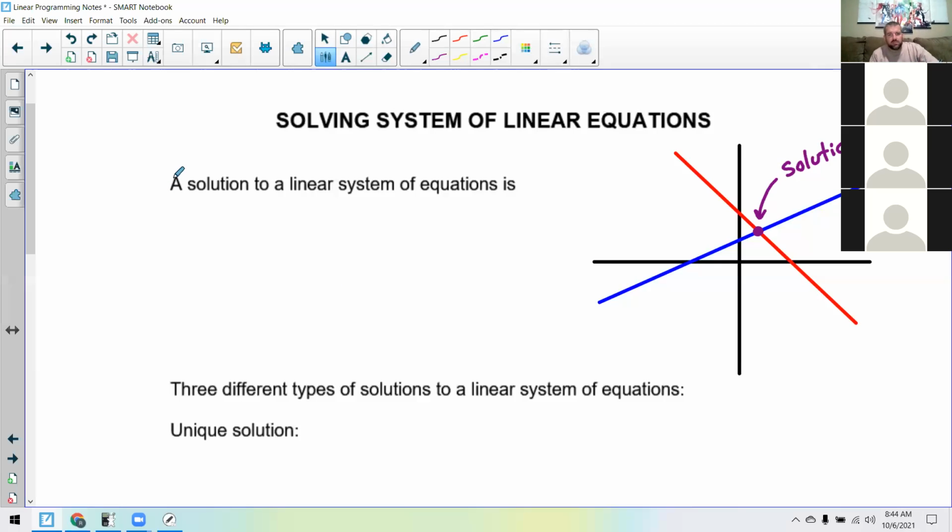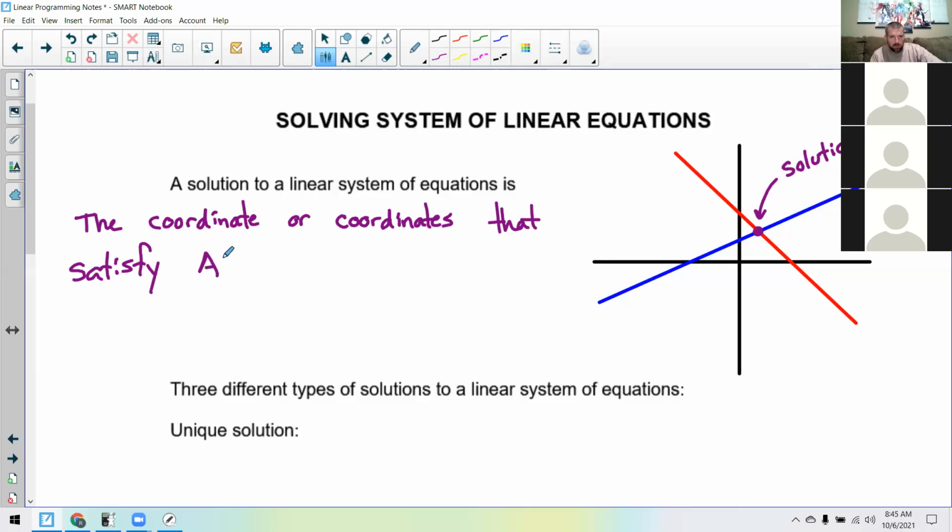So a solution to a linear system of equations is the coordinate or coordinates that satisfy all the equations in the system.